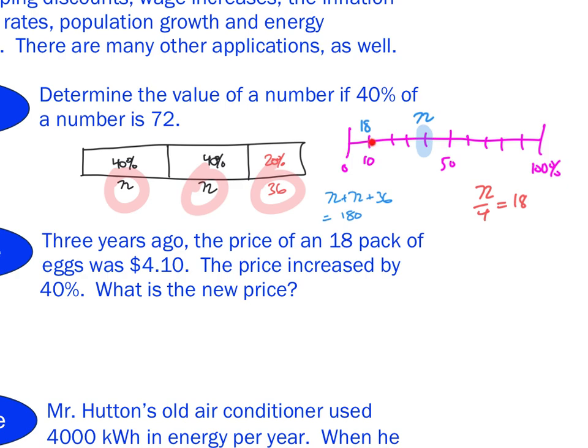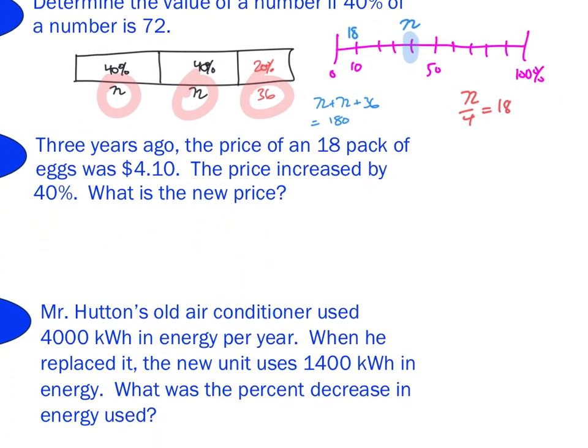So it'd be 18, 36, 54, 72, 90, 108, 126, 144, 162, and 180. So I would have got the same answer, but using a number line. But the way Bentley and Brooklyn broke that down was very clever and creative, and I really like it. The whole idea is we have to make 100% knowing what 40% is.